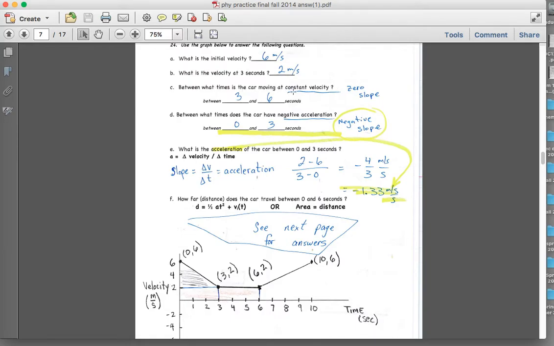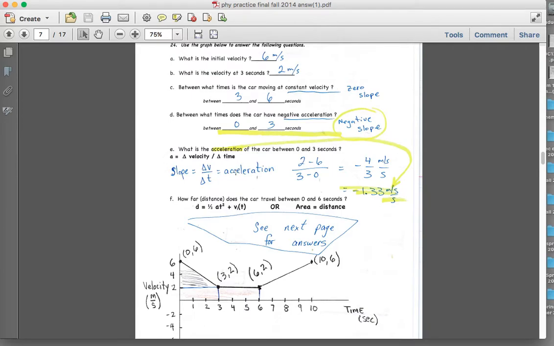When is the car moving at constant velocity? Well, that's going to be when the velocity stays the same, when it has a 0 slope here. And when does it have negative acceleration? That's going to be this first part when the velocity is going down, when you have a negative slope.